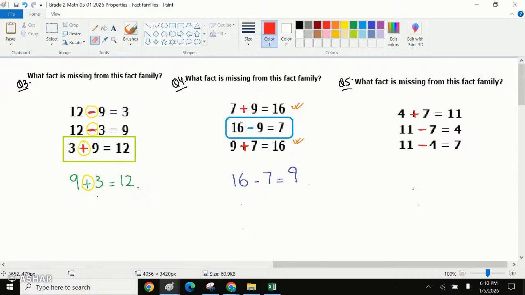So if already 2 subtractions are given to us, we cannot find another subtraction because there are already 2 given to us. That means what we are missing is an addition statement. Do we agree? So what should be the addition statement for this?